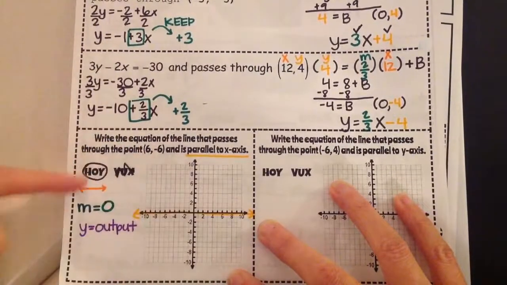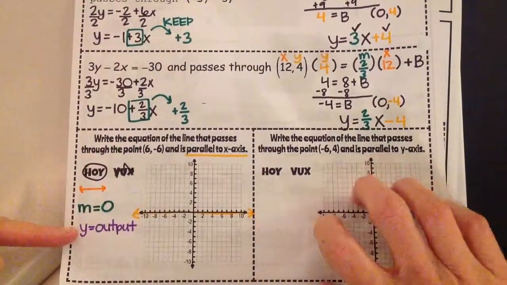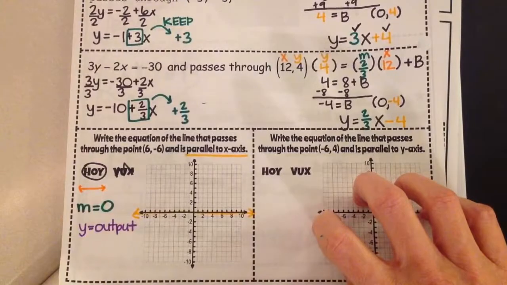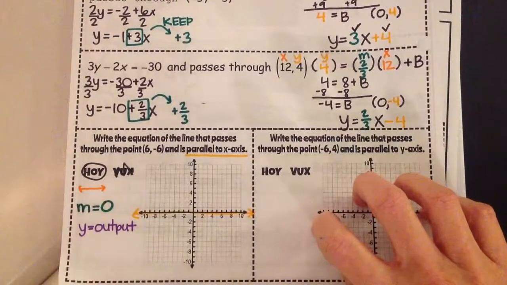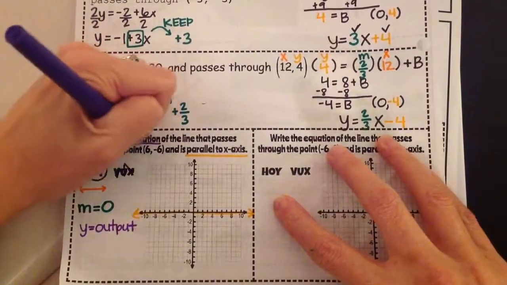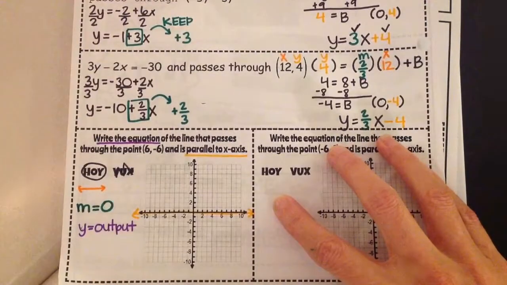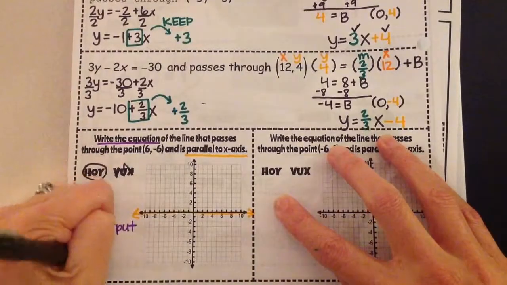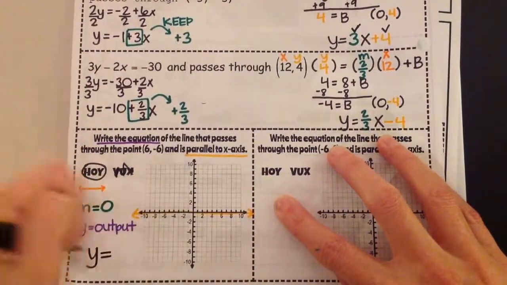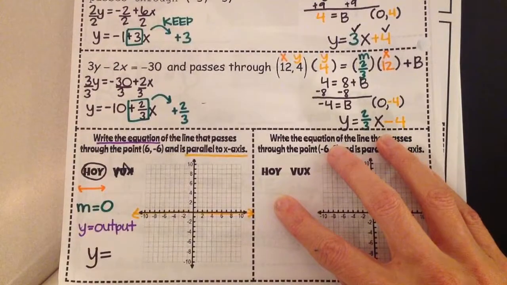One of these three things is going to be what they're asking me for. They're either asking me for the equation, the slope, or the graph. Well, this says write the equation. So I know that my equation for a Hoy line is going to be y equals, and now I just need an output value. Do I have one? I sure do.